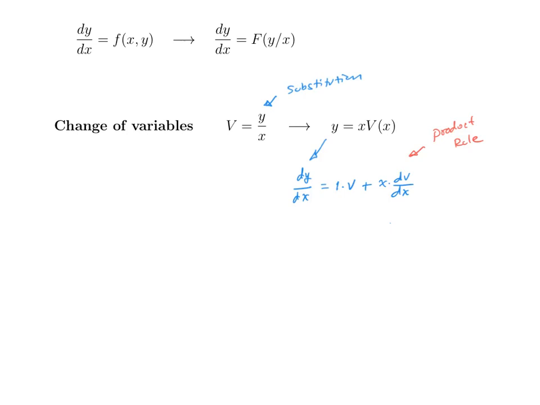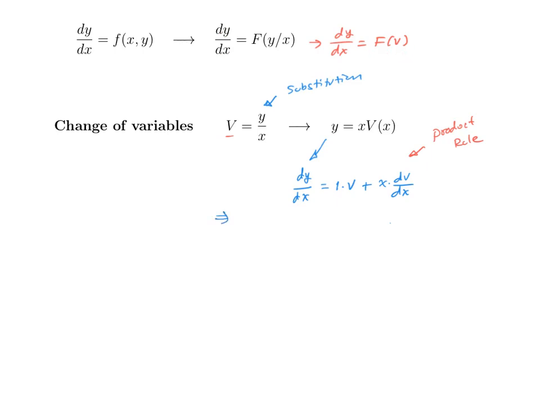Notice that the point of doing this substitution was that we want to introduce a new variable, which is going to be the variable v. Therefore, you can also say that dy dx is just equal to a function that depends only on v. But this is the part where you have to be careful. dy dx is equal to this, but dy dx is also equal to this part.